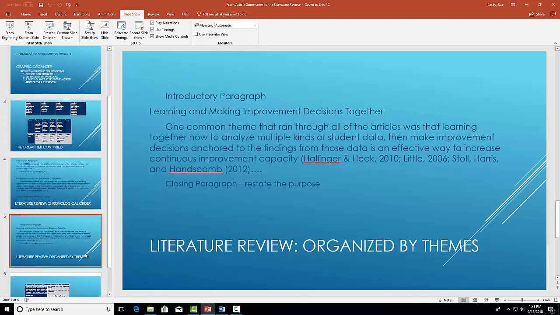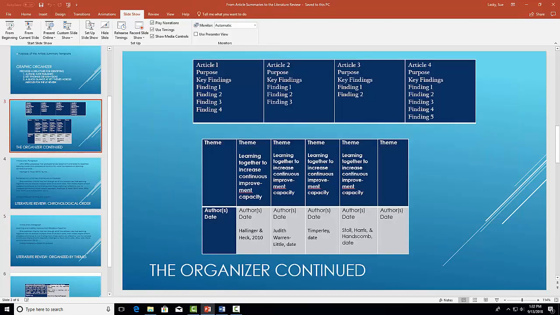The other structure that you'll be allowed to use when you write your lit review is organizing by themes. Again, you start with an opening paragraph. Each theme is identified with a level 2 heading. And notice that this theme comes directly from what we did over here when we identified key themes across the articles.